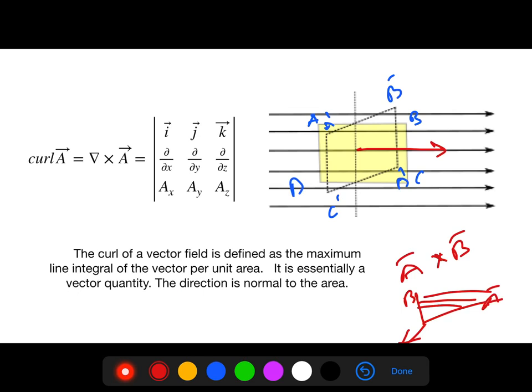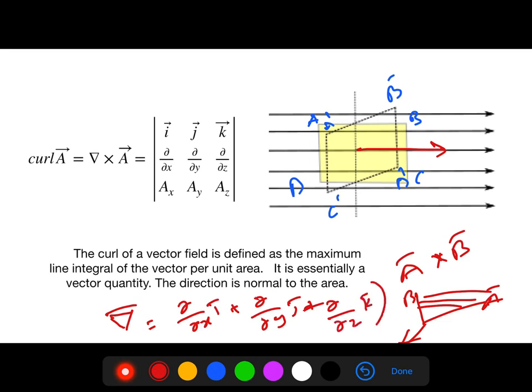Del is a vector quantity: del equals dou by dou x i bar plus dou by dou y j bar plus dou by dou z k bar. So, please note down this formula del cross A bar and also this diagram.